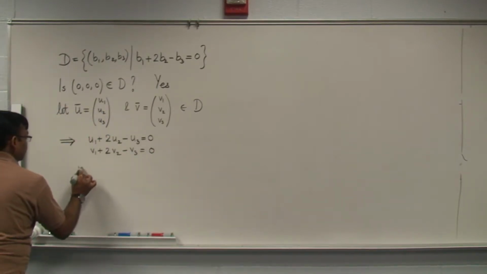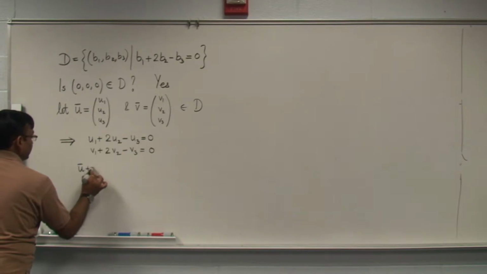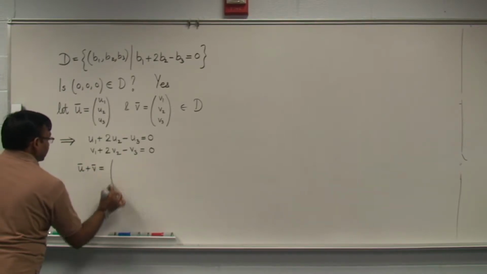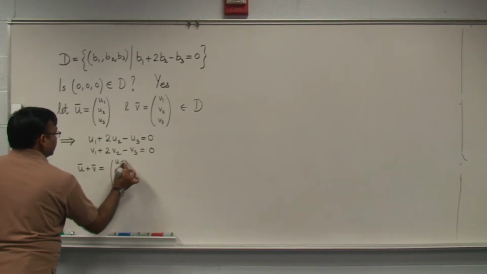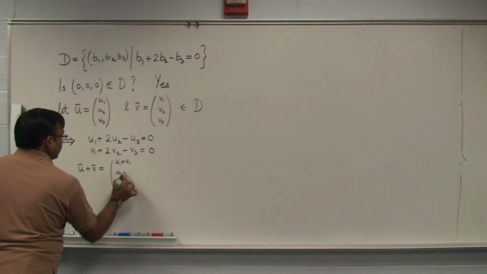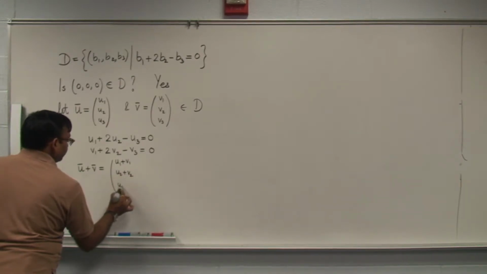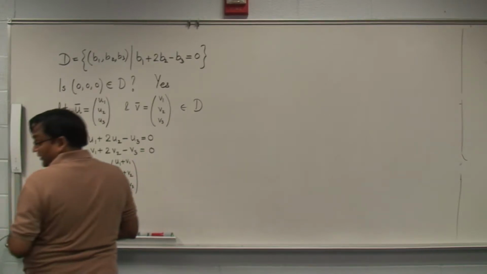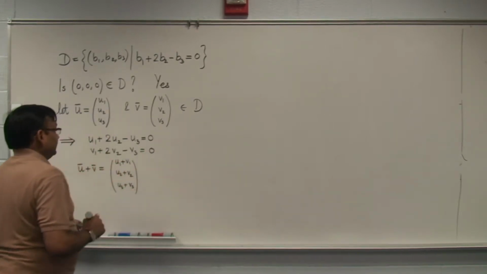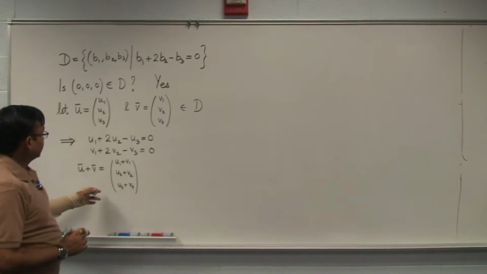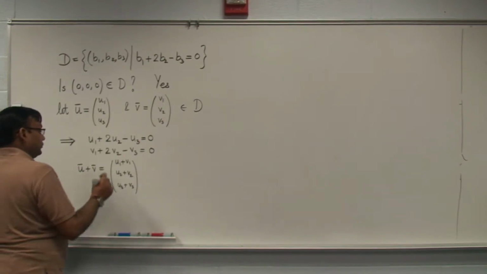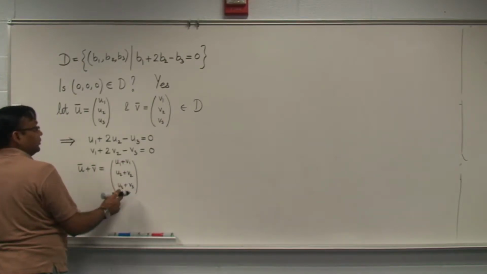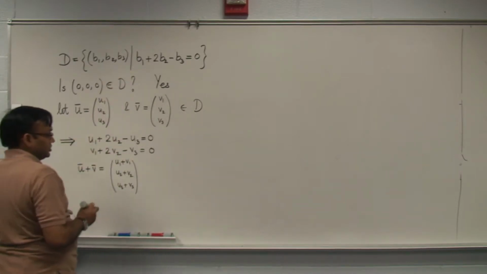Now we can discuss what will happen to the sum of these two vectors. Addition is not a big deal; we can add them up in the usual way. To check whether this vector belongs to D, I have to verify whether these components satisfy that equation or not.